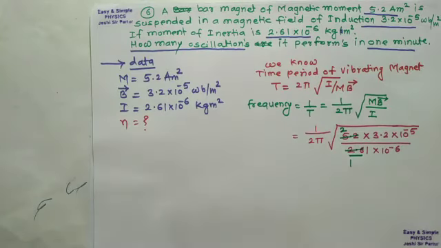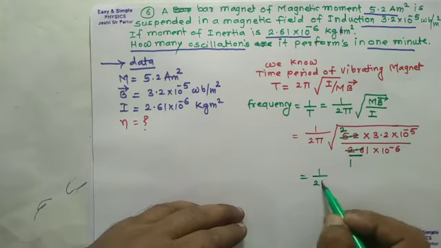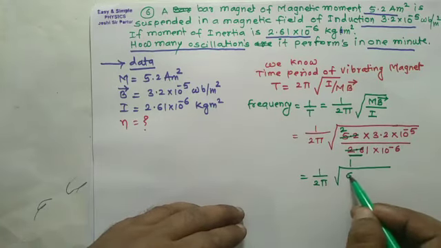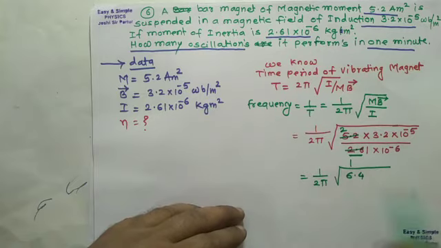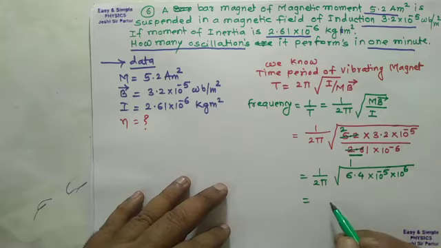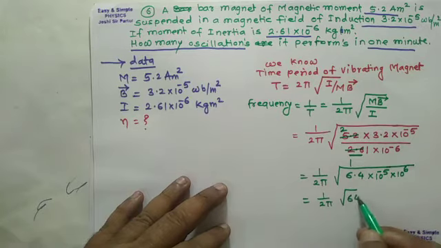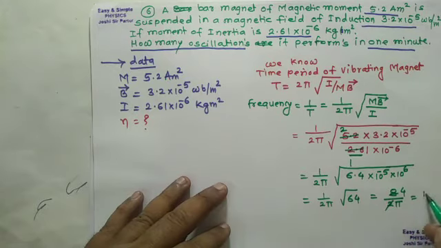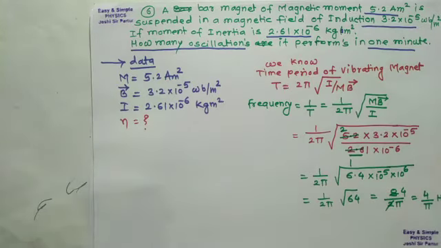If we divide, so here 1 upon 2 pi square root of 6.4, because 32 into 2 is 64, into 10 to the power minus 5 into 10 to the power 6. Here 10 is remaining, so 10 multiplied by 6.4, it will be 1 upon 2 pi square root of 64, which is 8 upon 2 pi, which will be 4 upon pi hertz. Frequency will be in hertz.